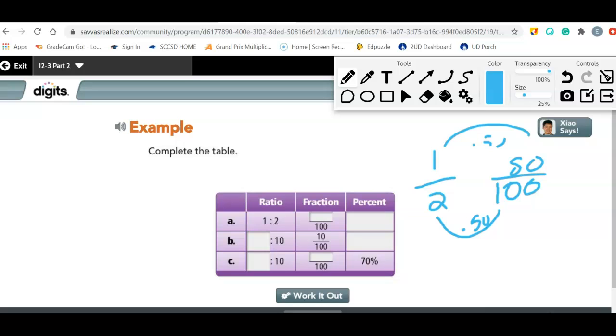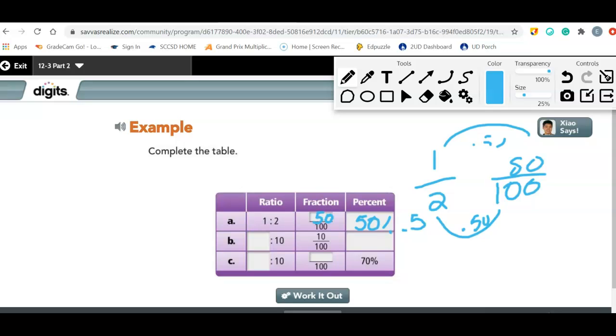Peter, what would the percent be? How do you know? Patrick. Okay, how do you know that? All right, so the way to explain that would be whenever you have the denominator of 100, the numerator is just the percent.